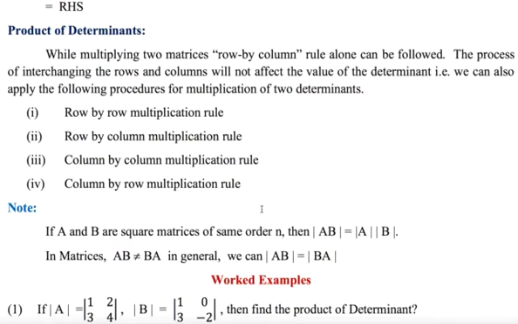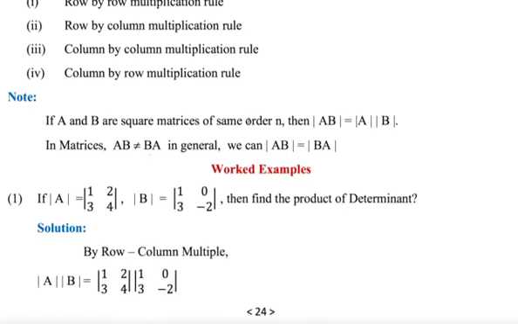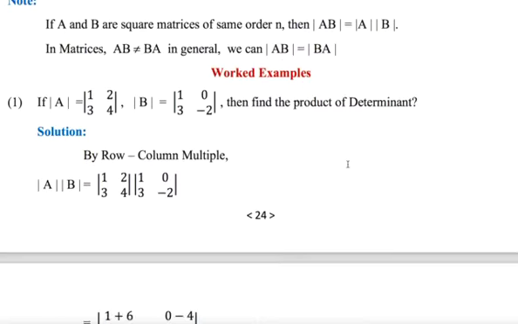That is, we can also apply the following procedures for multiplication of two determinants: row by row multiplication rule, row by column multiplication rule, column by column multiplication rule, column by row multiplication rule. If A and B are square matrices of order n, then det AB equals det A into det B. In matrices AB is not equal to BA in general, but the determinants are equal: det AB equals det BA.